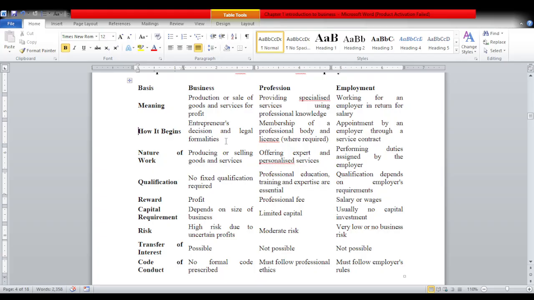Next, you are focusing on your qualification, right? To do a business, you do not need a fixed qualification. If you have only passed eighth class, or ninth class, sometimes 12th class, but you have knowledge of how to do the business, then the degree or qualification would not matter.